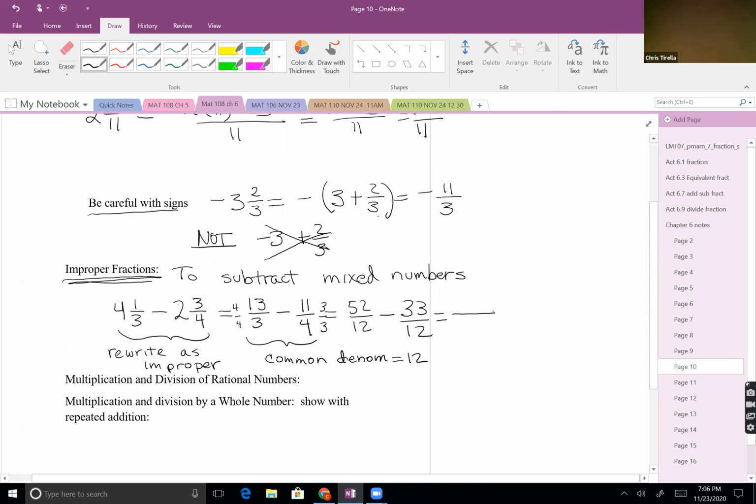And then we worked hard to get that common denominator, so we'll keep it. And then subtracting the numerators, 52 minus 33, it's a little bit less than 20 away, would be 19/12. And then we'd rewrite again as our mixed number.